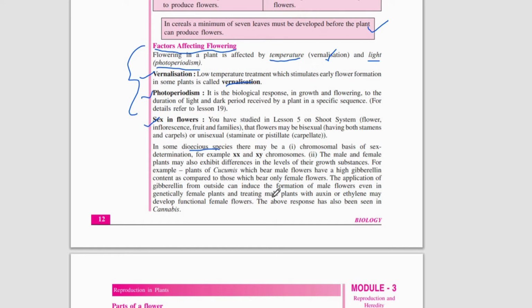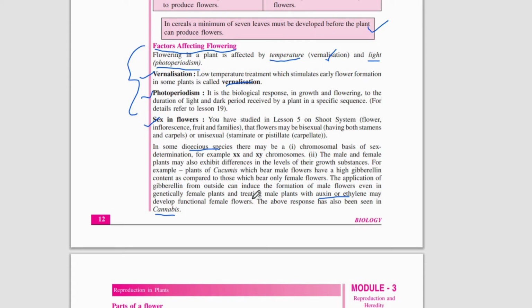Treating male plants with auxin or ethylene may develop more female flowers, and this response is mostly observed in the cannabis plant. That means some plants of the same variety produce only male flowers, while others produce only female flowers.